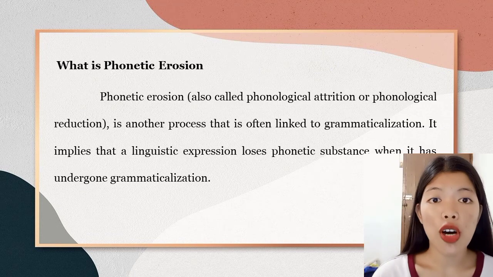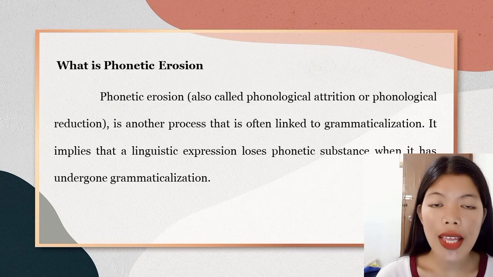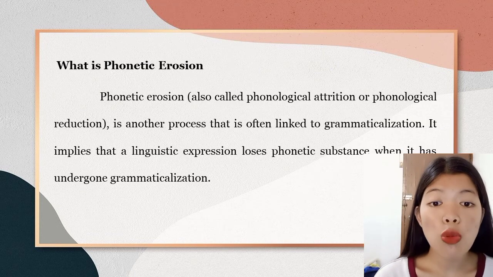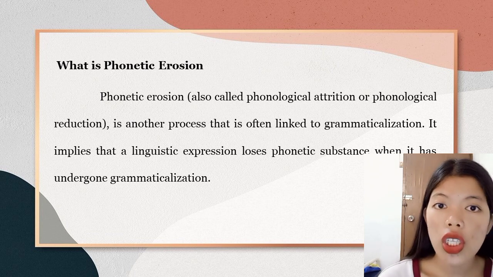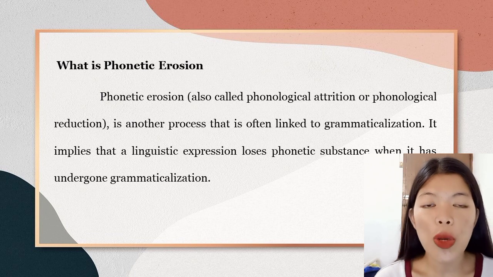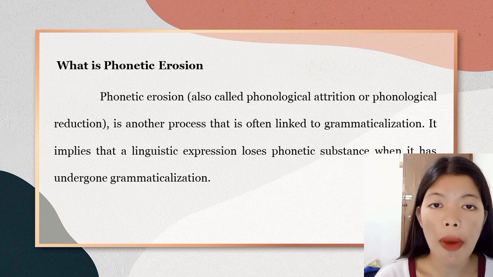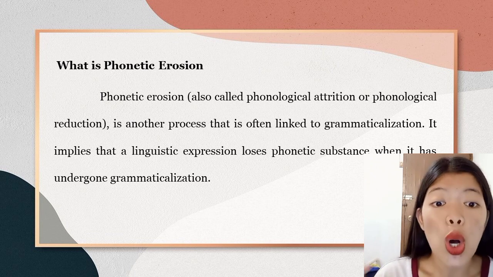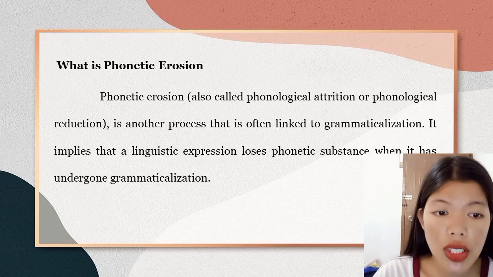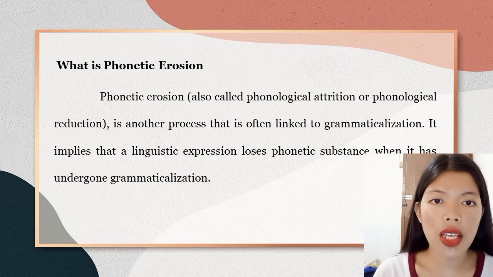The third type of grammaticalization is phonetic erosion. Phonetic erosion, which is also called phonological attrition or phonological reduction, is another process that is often linked to grammaticalization. It implies that a linguistic expression loses phonetic substance when it has undergone grammaticalization.